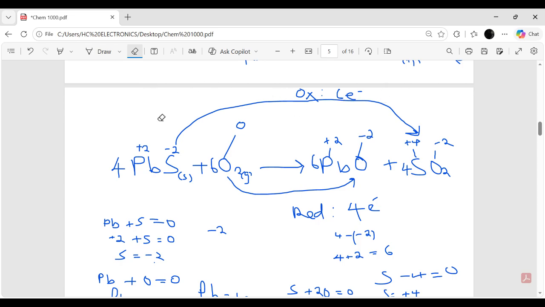Let's use inspection to balance Pb and PbS. Okay, so that's where the issue is coming from.